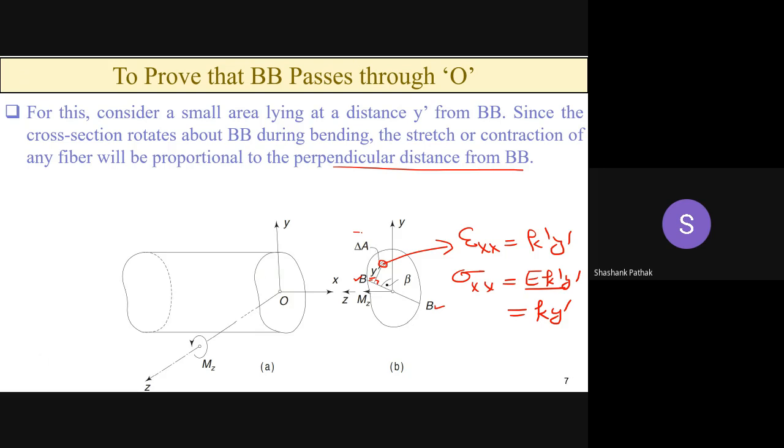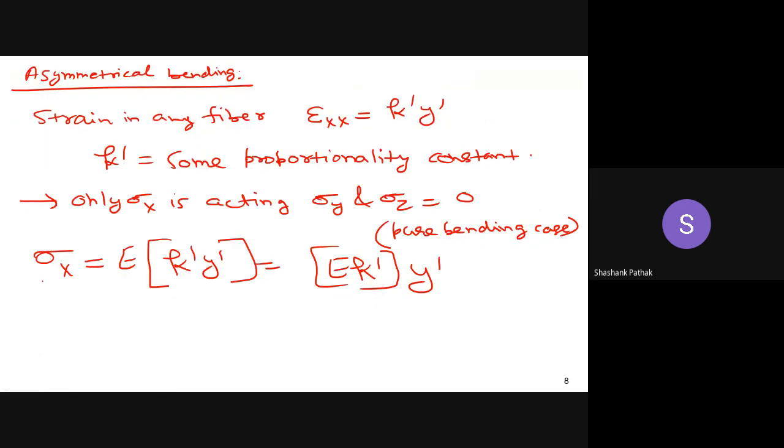So the force acting on this delta A is sigma xx multiplied by delta A. So let us say delta Fx. That can be written as k y prime delta A. Now we know that equilibrium in x direction.